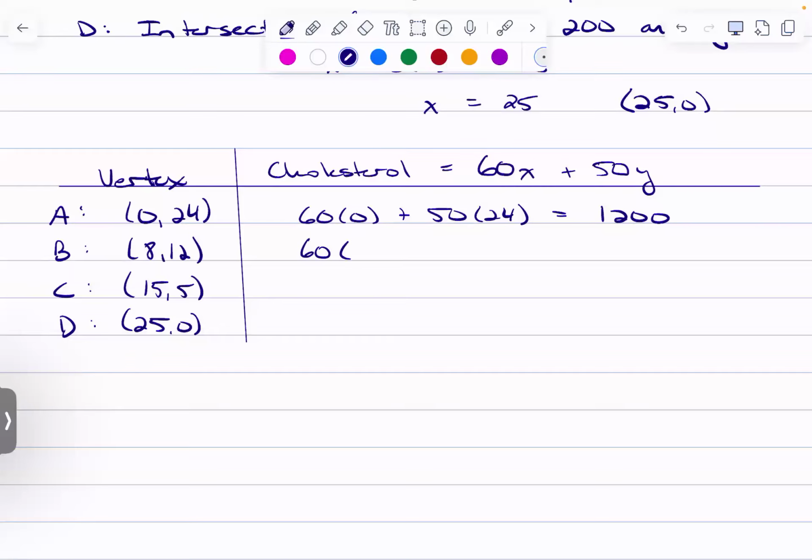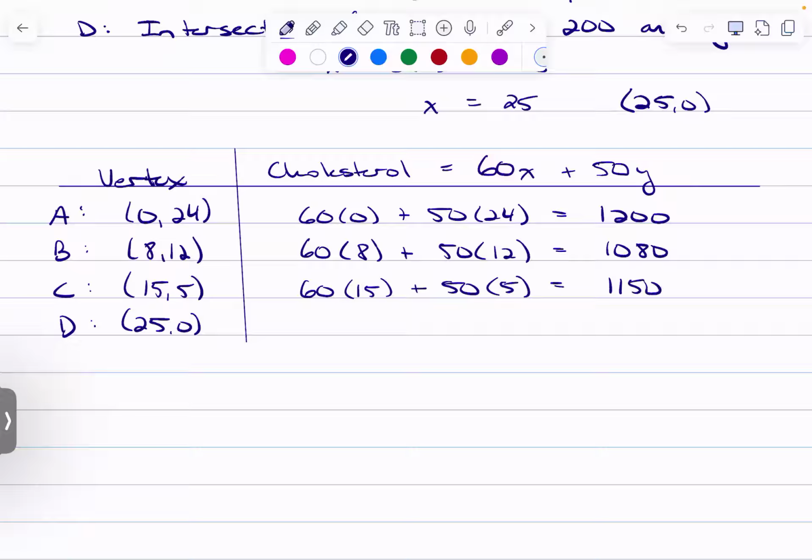How about the next one? 60 times 8 plus 50 times 12. That's better. It's lower. We want to minimize. 60 times 15 plus 50 times 5.